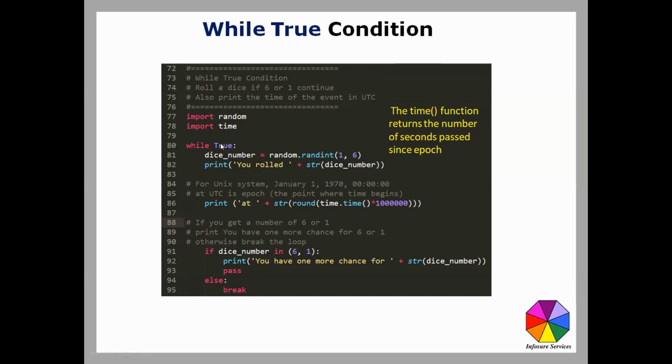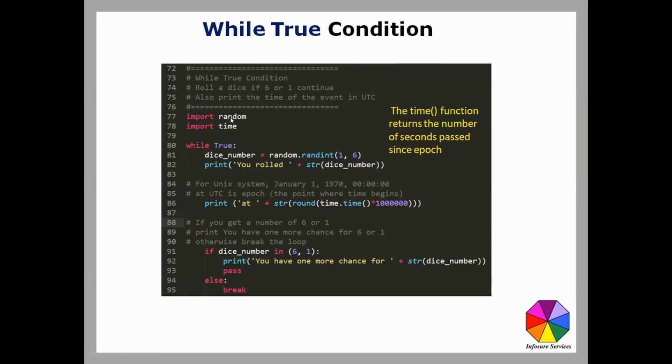Since while true is an infinite loop, you'll see that I'm using a break statement, some criteria to come out. So what we're doing here has a couple of things which I'll point out. One, we are trying to generate a dice, a random number, and we're using the random package for that.